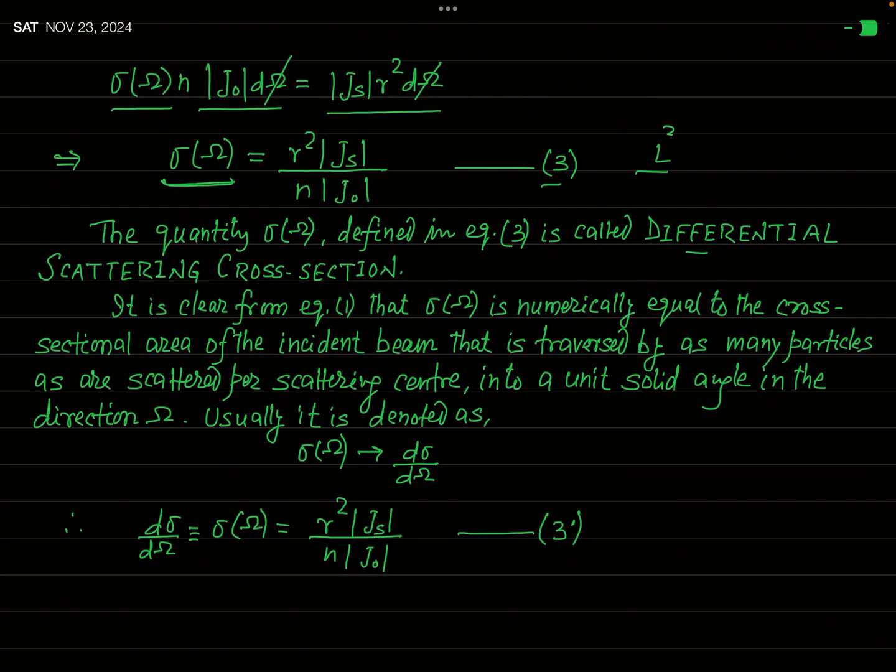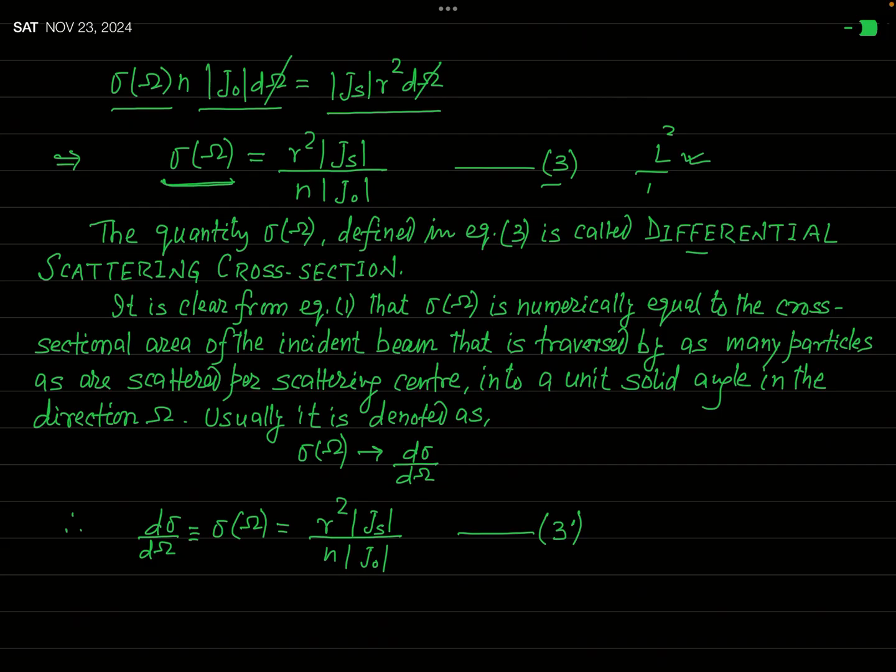And n is a number, so it is dimensionless. And the dimension of Js and the dimension of J naught will cancel out. So finally, the dimension of sigma will be simply L square.